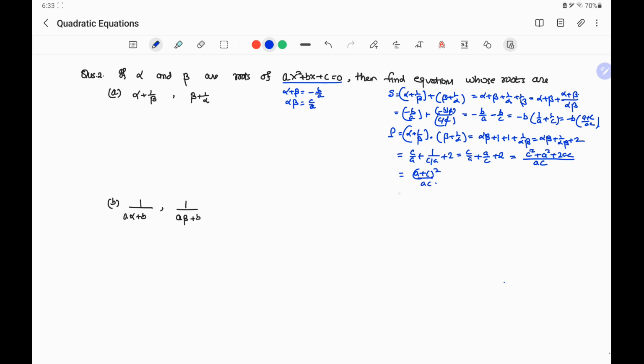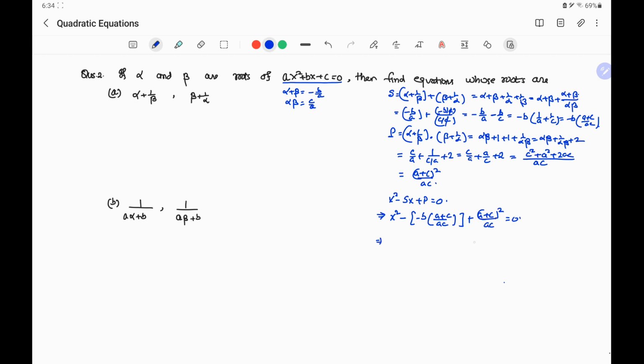So the equation which has the sum s and product p will be x square minus sx plus p equal to 0, as discussed earlier. Replacing the value of s and p, we will have x square minus, sum is minus b into a plus c by ac, and then the product is a plus c whole square by ac, and it is equal to 0.